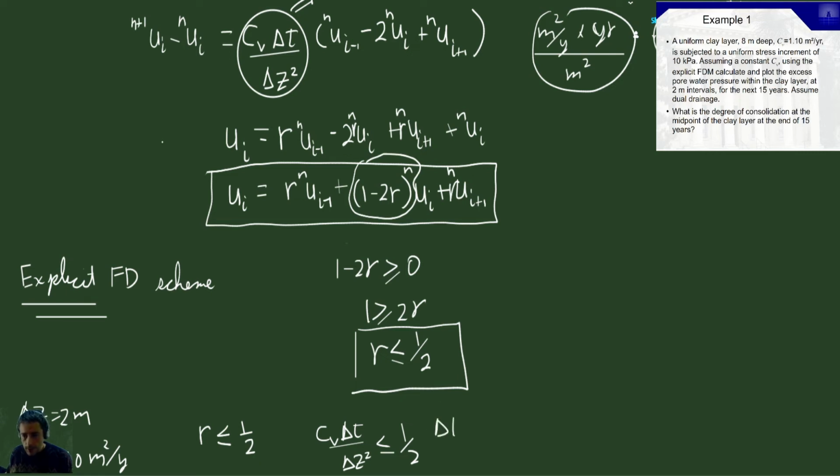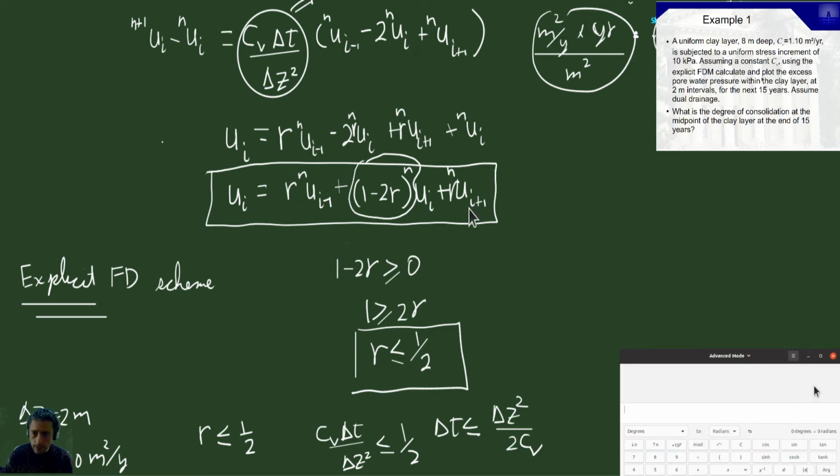And so delta t must be smaller or equal to delta z squared over 2 CV, in years in this case. So what's the largest time increment that we can use? We are limited in the size of our time increment. 2 meters squared divided by 2 times 1.10 gives us 1.81 years.